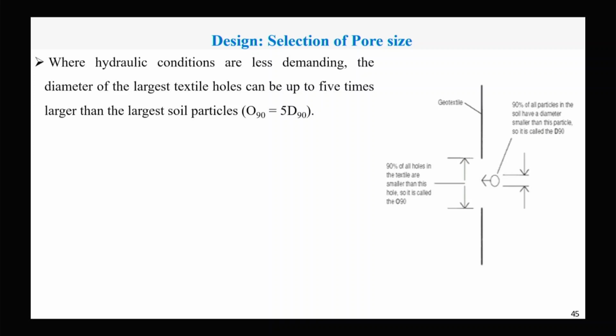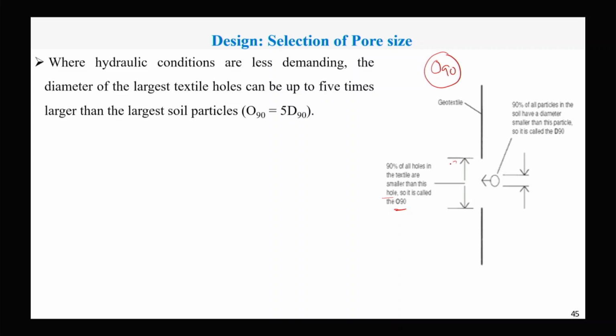Now, what is the application? In hydraulic condition, you can see here, this is O90. O90 means 90% of holes in the geotextile are smaller than this value.